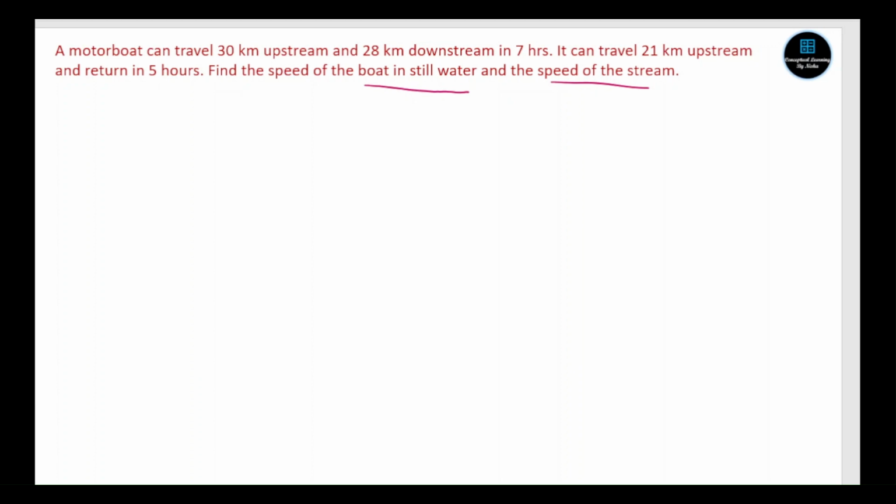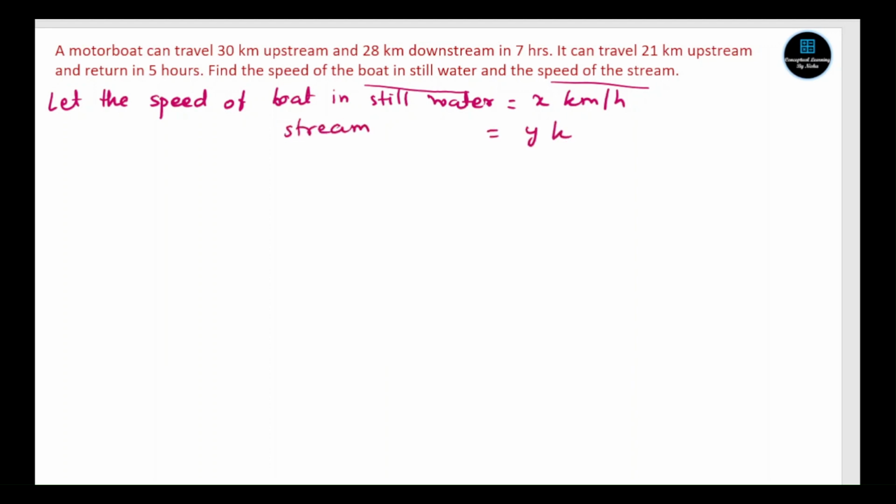Let the speed of boat in still water equal x kilometer per hour, and that of the stream equal y kilometer per hour.